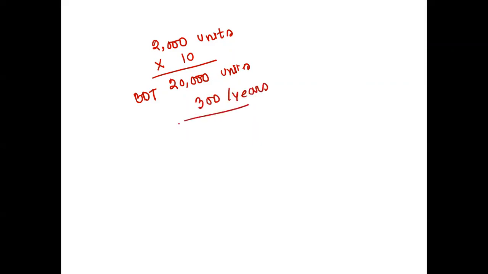In that case, what will be the annual sales of that tea stall? 20,000 multiplied by 300. Are you doing the calculation by yourself? It would be around 6 million. Yeah, 6 million.